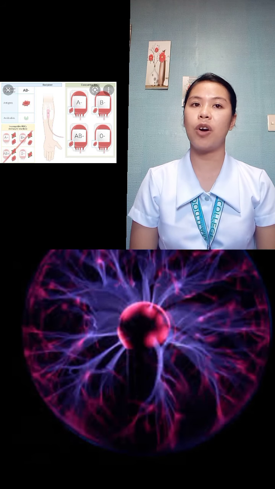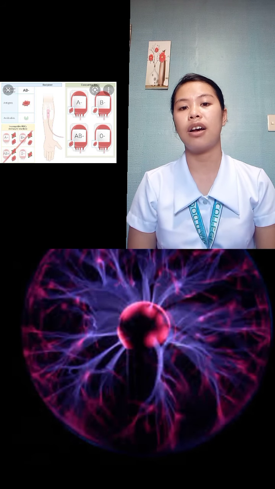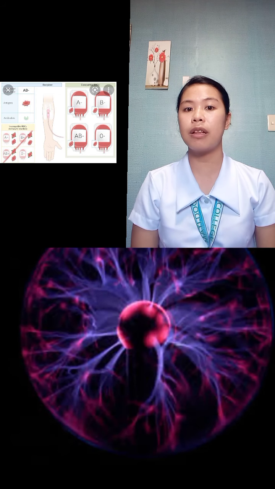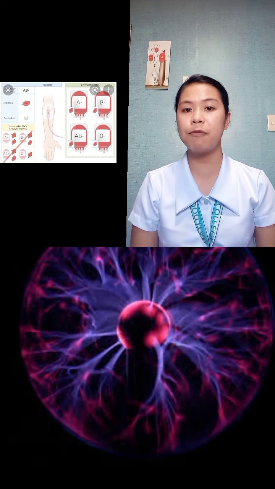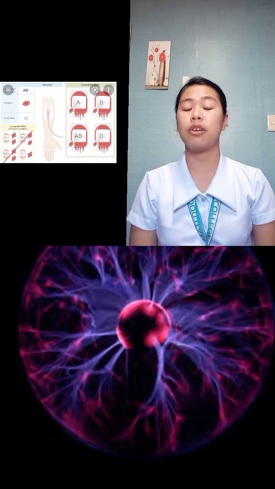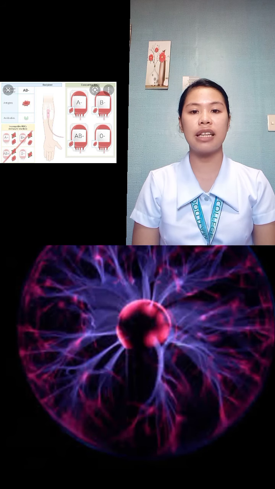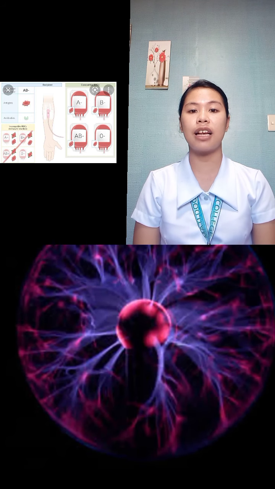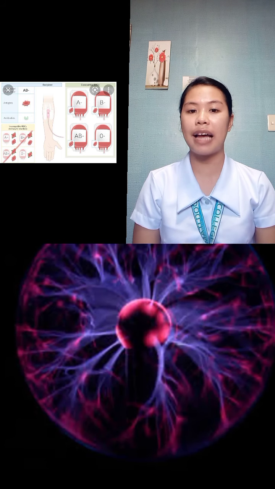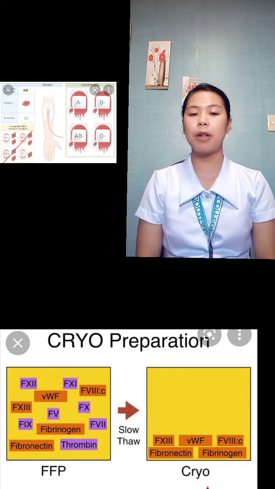People may receive only the red blood cells, platelets, or plasma in transfusions, and only selected blood components allow the treatment to be specific, reducing the risk of side effects and allowing different components from a single unit of blood to treat several people.